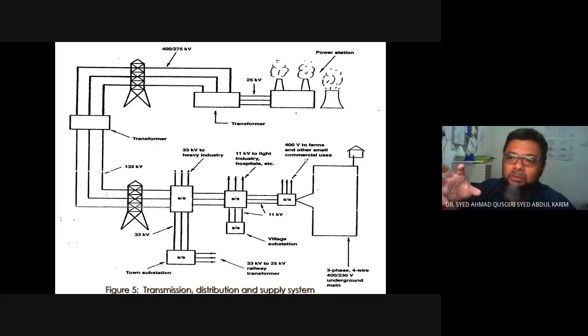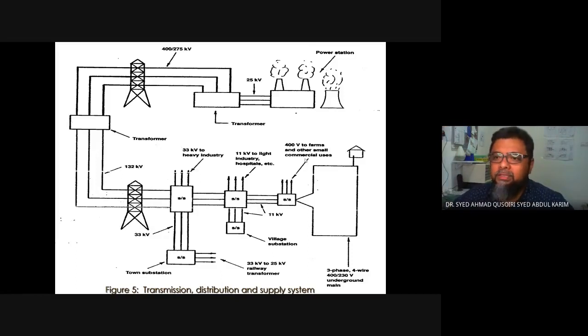Bangunan tu, dia punya substation tu dalam bangunan tu warna kelabu. Tu dia punya own step down transformer. Kat situ dia kurangkan lagi daripada 11,000 volt ke 400 volt. Actually 415. Ini untuk kegunaan bangunan tu ataupun farms pun boleh lah.